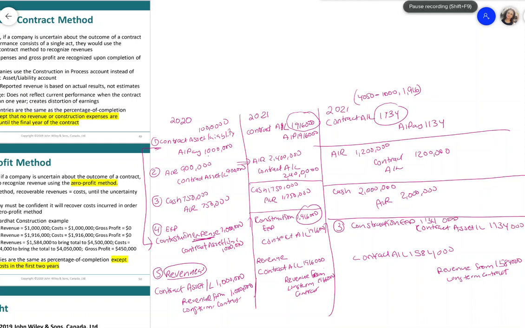In other words, we have whatever leftover revenue needs to be recorded, because now at this point we want to show a profit. We have to show the profit at this point.